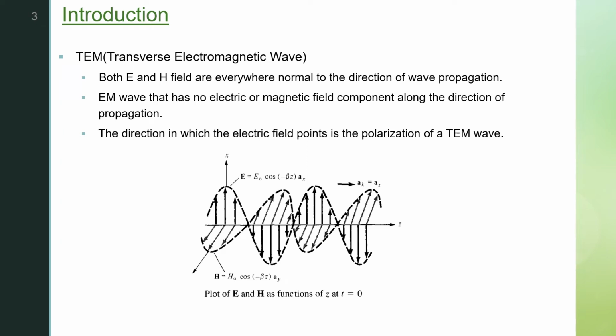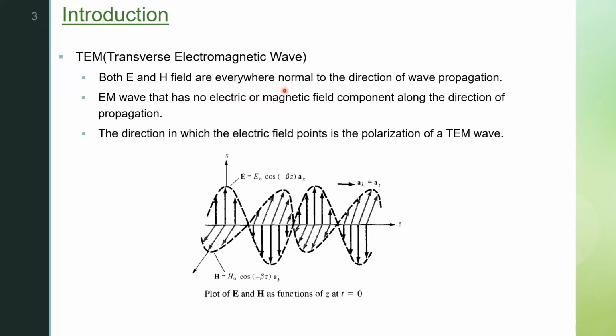So let's begin. What is a transverse electromagnetic wave? We already know that a transverse electromagnetic wave is the electromagnetic wave in which both the electric field and magnetic field are normal to the direction of wave propagation.